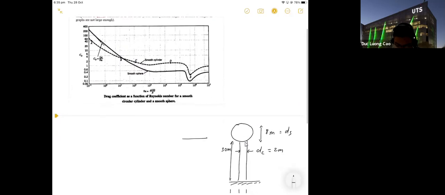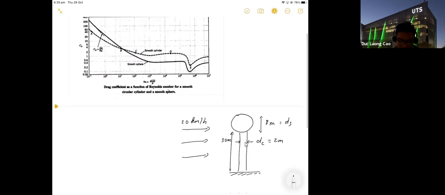We have wind here, airflow with velocity 20 kilometers per hour. You can convert this to SI unit, which is meters per second.